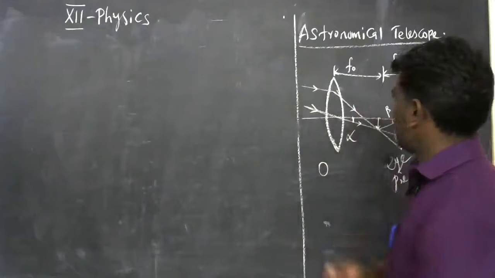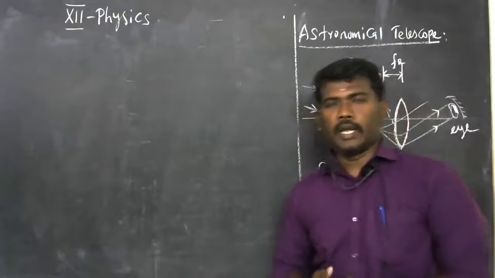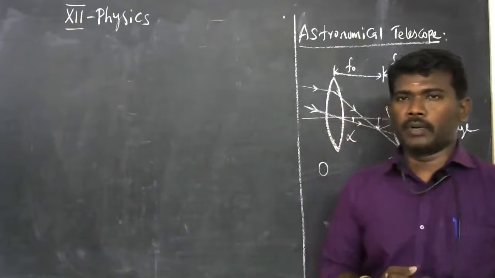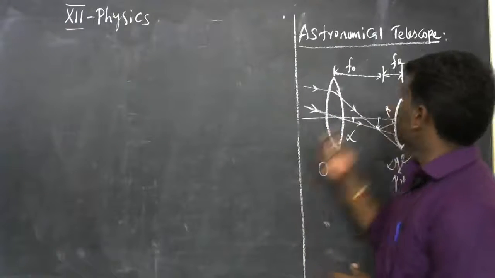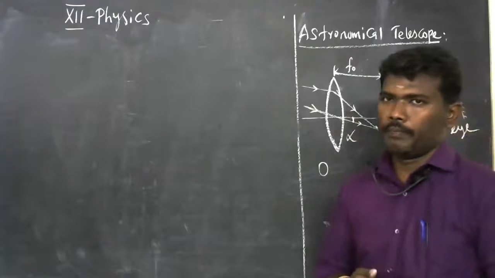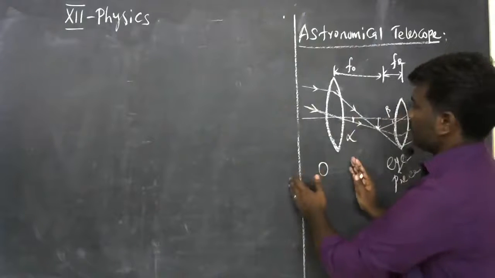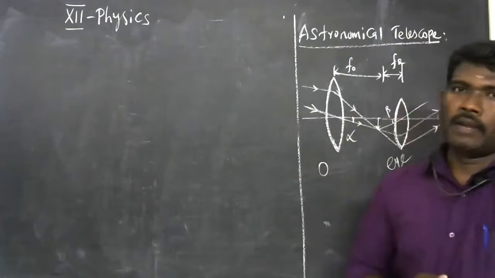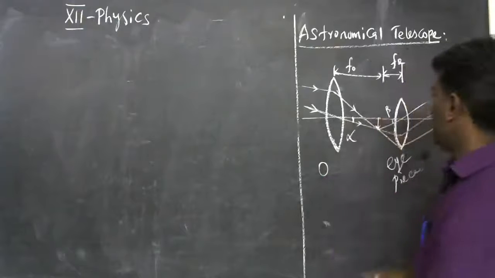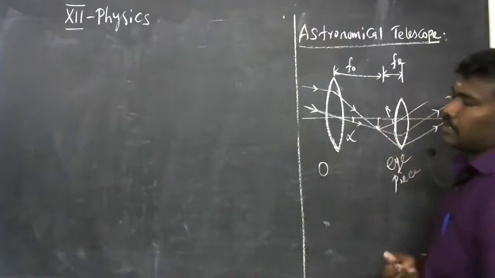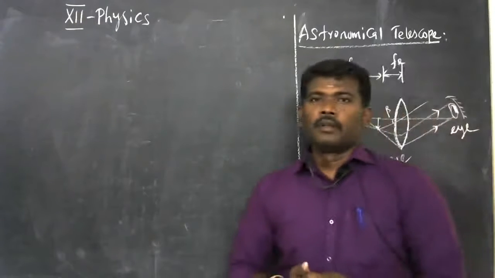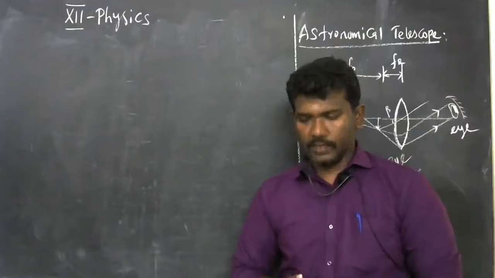In this case also, finally it produces an inverted image. The objective produces a real, inverted, magnified image, and the eyepiece also produces a real and inverted image.